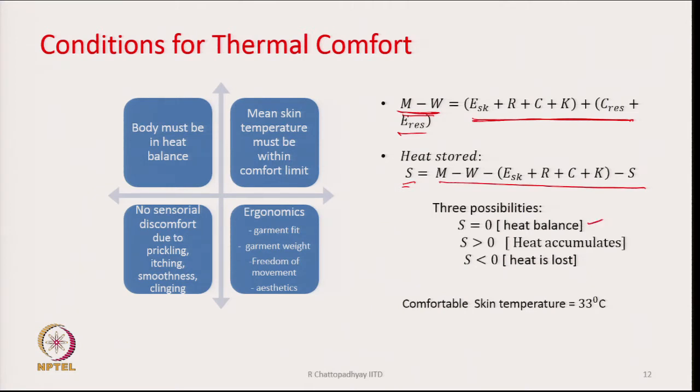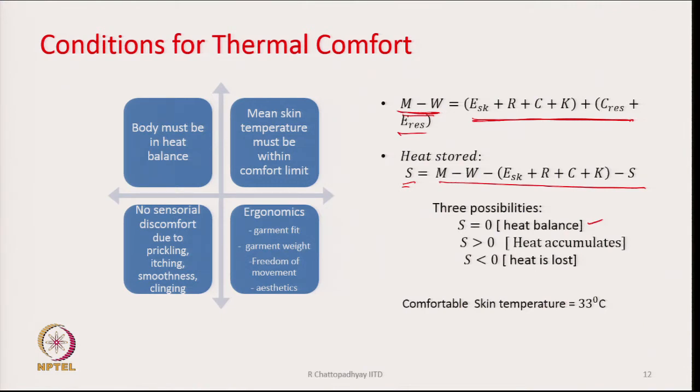That is, whatever I am producing, the same amount I am losing also. So, heat loss should be such that it is not that we are not allowing heat to be lost. Even if we put on some garments, heat will be lost finally, equilibrium will be established and some heat will always flow out.